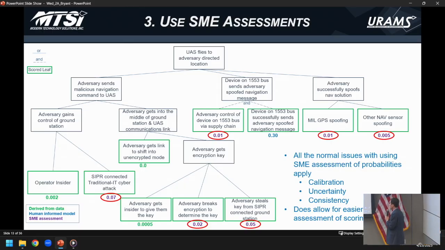But remember, of course, all the normal issues with using SME assessments apply. There are calibration issues. Humans tend to be quite a bit overconfident in our capabilities. If you ask someone who is untrained for a 90% confidence interval, they will only be right about 50% of the time, across thousands and thousands of data points.